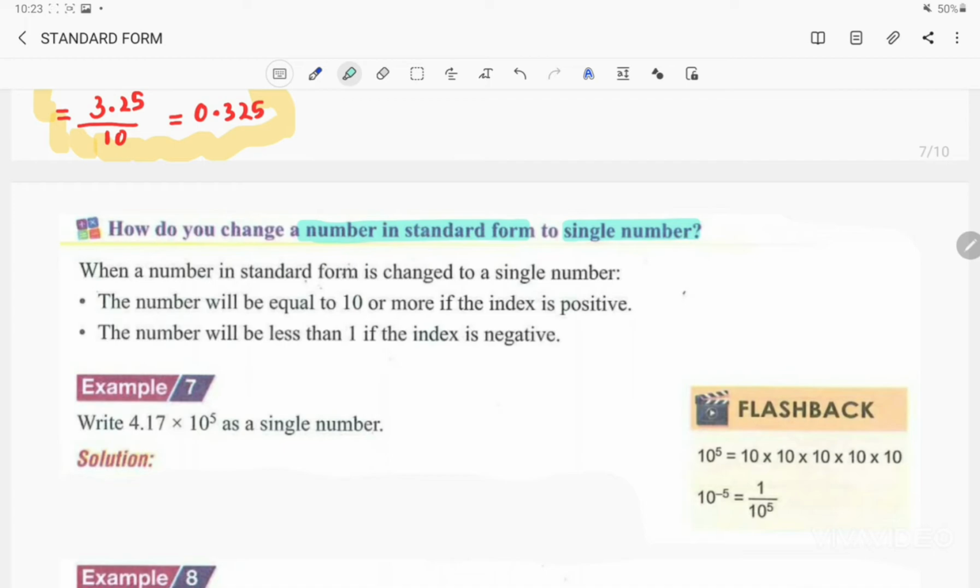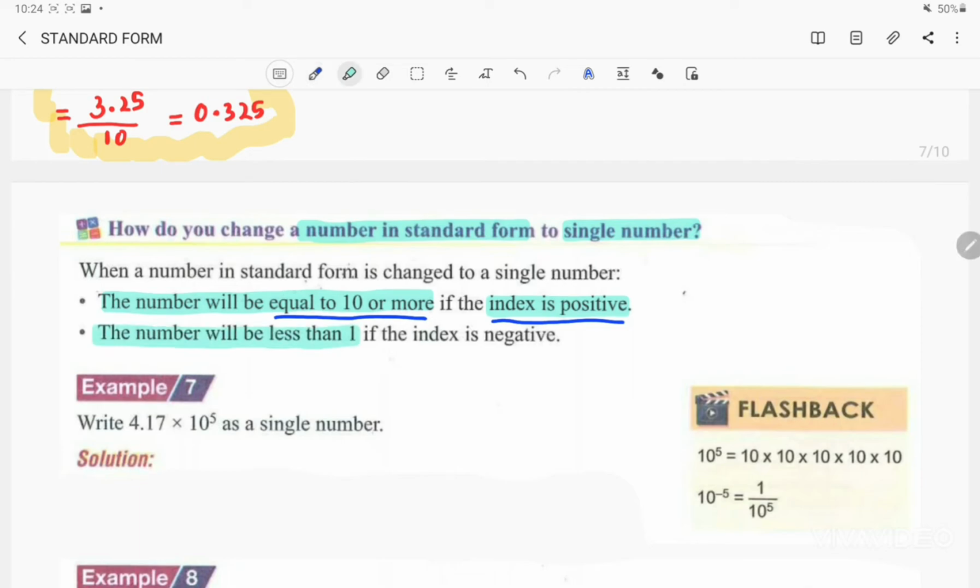Okay. When a number in standard form is changed to single number, the number will be equals to 10 or more if index positive. Okay, it bermaksud kalau index is positive, when we change into single number, the number will be equals or more to 10.